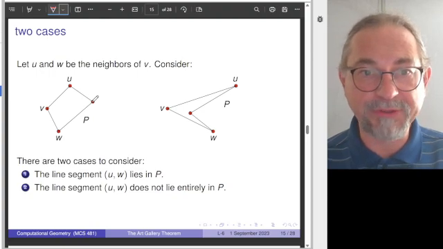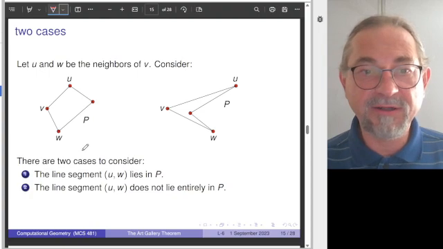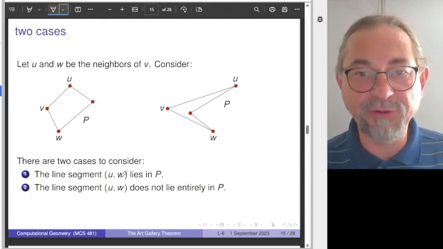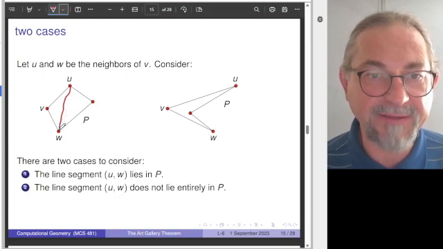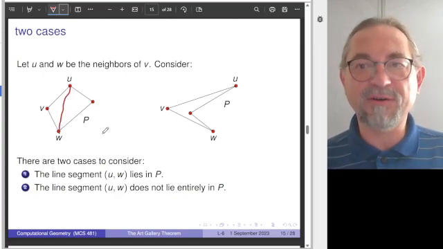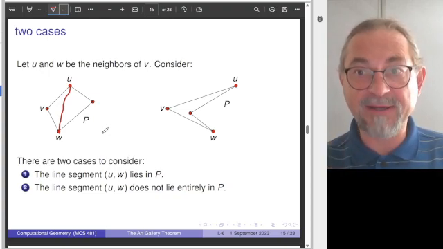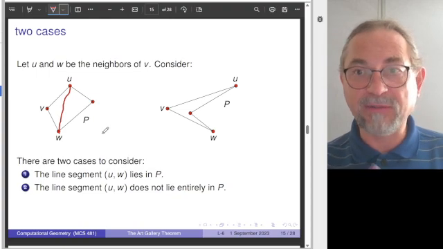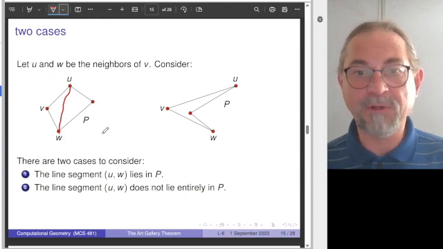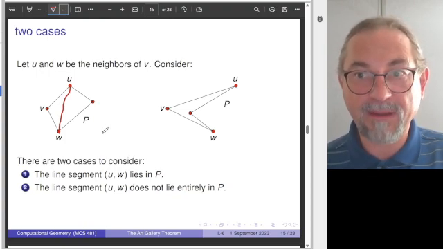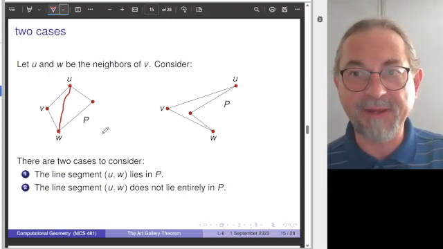But for our purpose, it matters whether the line segment UW, and actually you can see the idea of the proof already. The left case is actually easy. If UW, that line segment, lies entirely inside the polygon, then we're done, because then we can separate V from all the rest. In some sense, if you are too quick in proving, you may think that you're done.